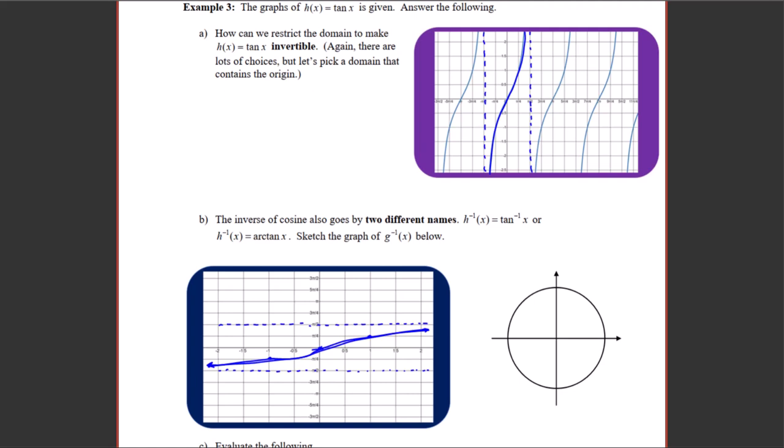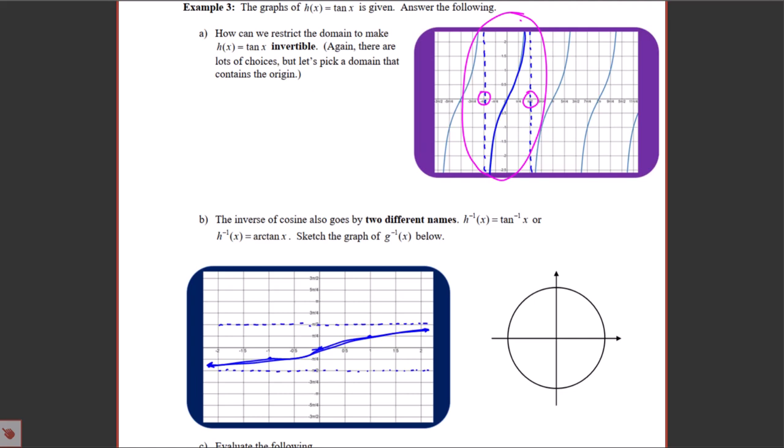This time we're going to talk about tangent, and to make it invertible, it has to again pass the horizontal line test. So I have to restrict the domain, or restrict where the graph is going to be looked at, and so I'm going to look here. So this is pi over 2, and that's negative pi over 2.